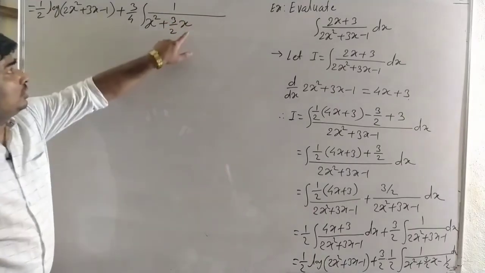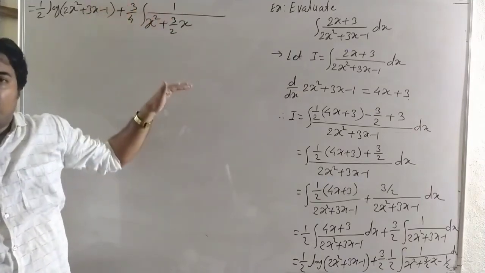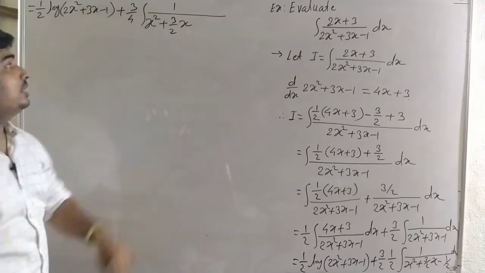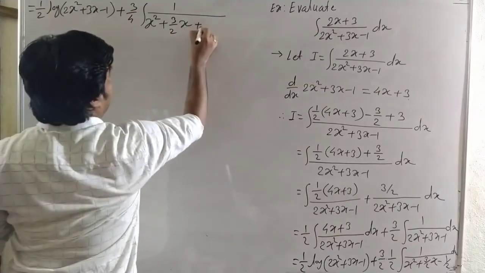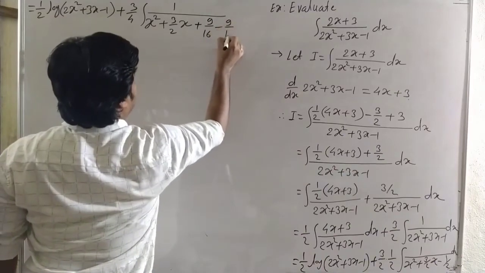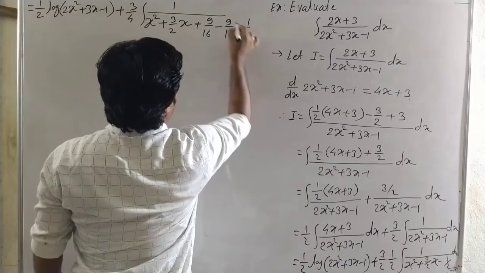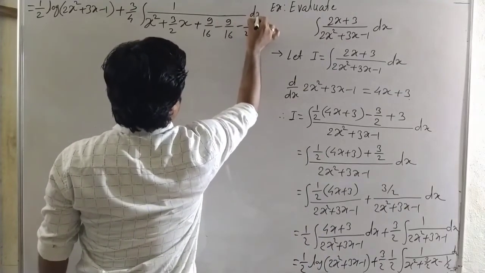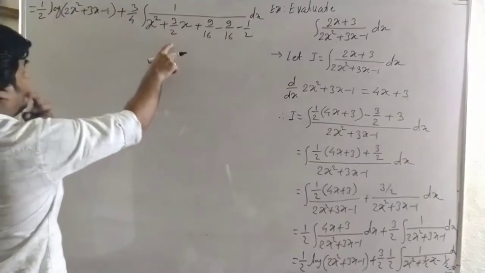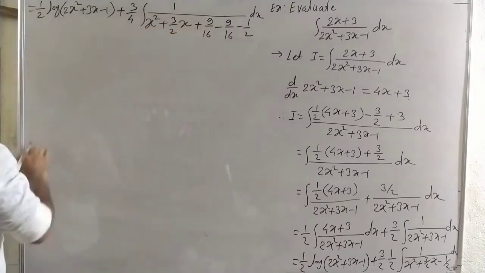Now here the coefficient of x is 3 by 2, half of 3 by 2 is 3 by 4, and the square of 3 by 4 is 9 by 16. So we can write here plus 9 by 16 minus 9 by 16 and minus 1 by 2 as it is, dx. Okay, see carefully, 3 by 2, half of 3 by 2 is 3 by 4, and square of 3 by 4 is 9 by 16.